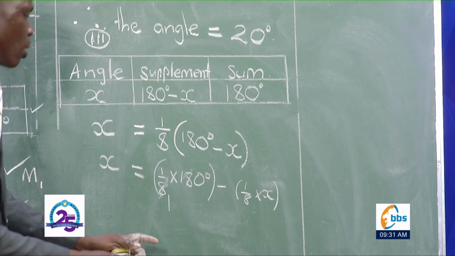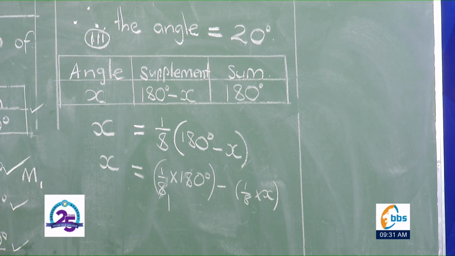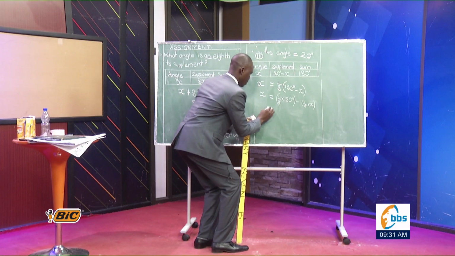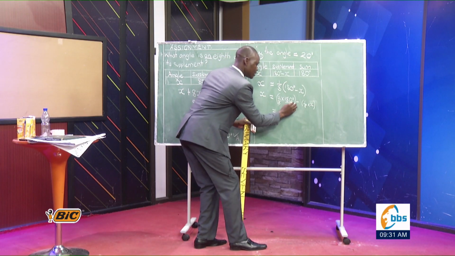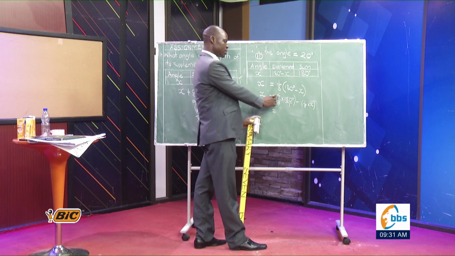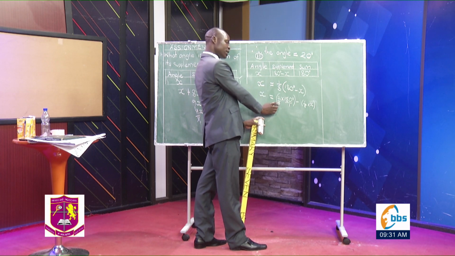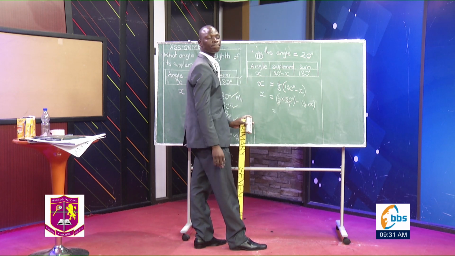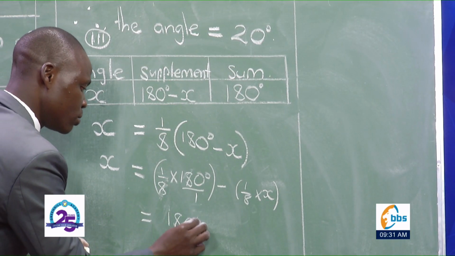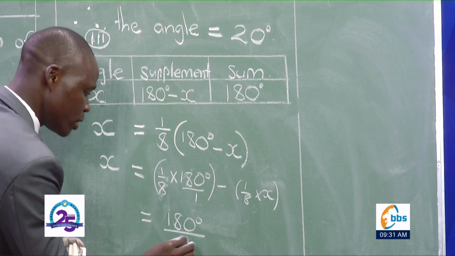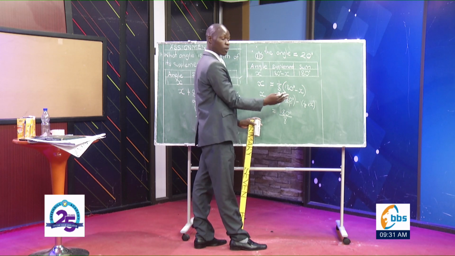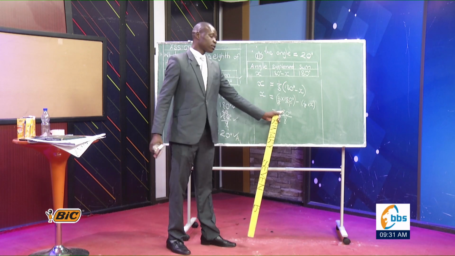Then you just multiply 1 times 180 degrees, because every whole number has a denominator of 1. And when you are multiplying fractions, it is numerator times numerator out of denominator times denominator. So we shall have 1 times 180 degrees, which is 180 degrees, out of 8 times 1, which is 8. Here, you could even reduce by 2, or you can do it like that.